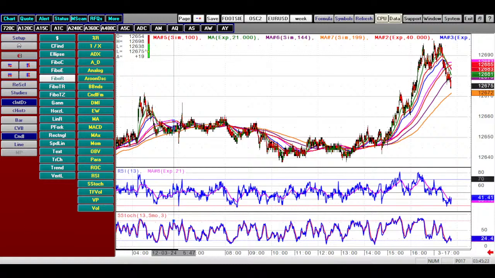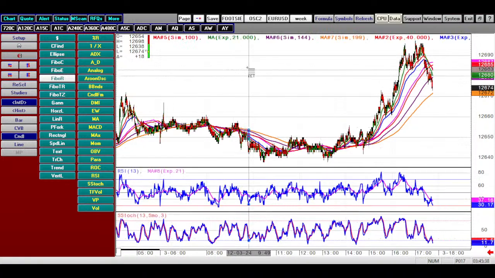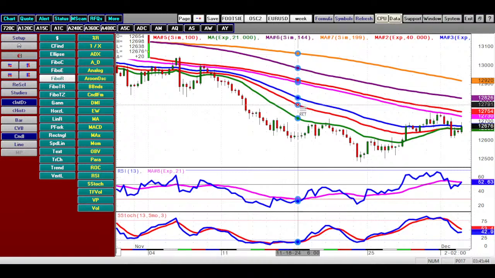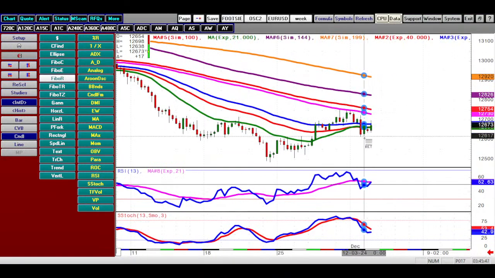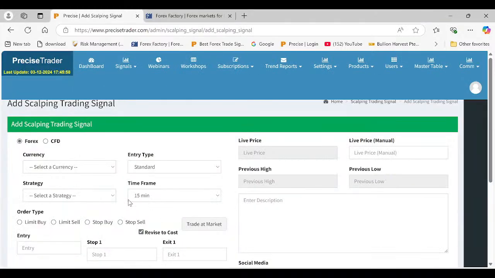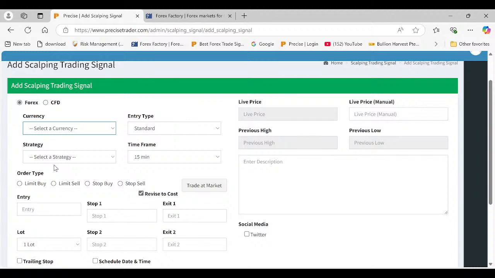So what we can do is try to go for a sell again at 85 or 90, and the stop, if this is the high, we should see the price heading towards 126.20 or 30. So we can go for a sell again, because we have stopped out and we need to recoup our losses.